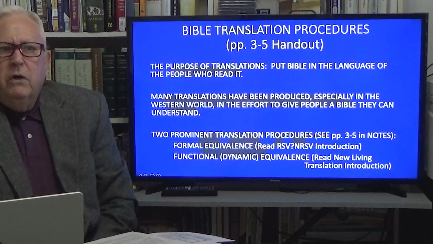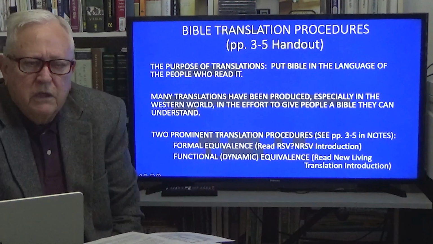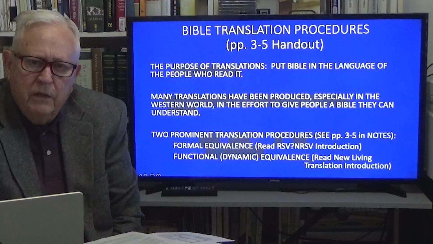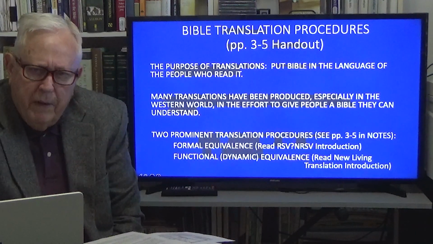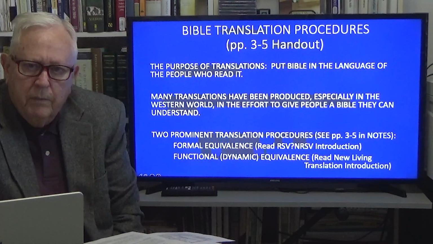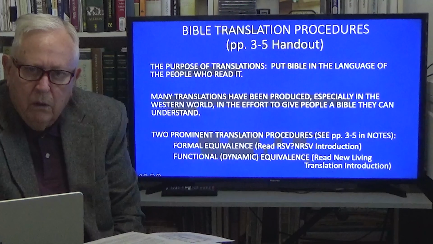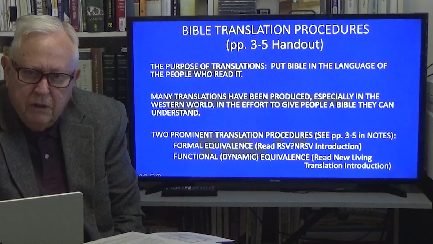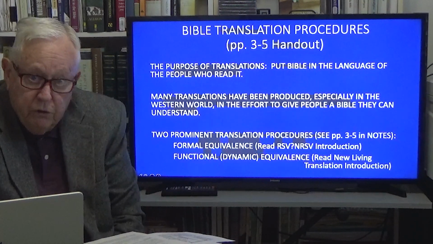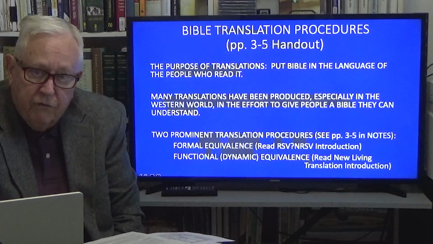So it's better not to criticize versions, it's better to understand them and use them. And I'm going to give you a method by which you can do that. This is crucial in knowing God's will, because you've got to use the Bible to know God's will. You need to know the Bible that you're using and how it might influence you, and one version may differ from another.